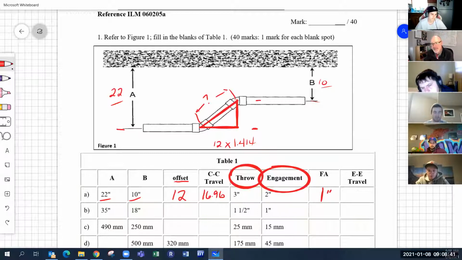So what is my end-to-end travel then? If I have my center to center of 16.96, what is my end-to-end travel? 14.96. That's right. How many fittings do I have? 2. So my end-to-end travel is then 14.96, because I have to take 2 fitting allowances off of that travel.